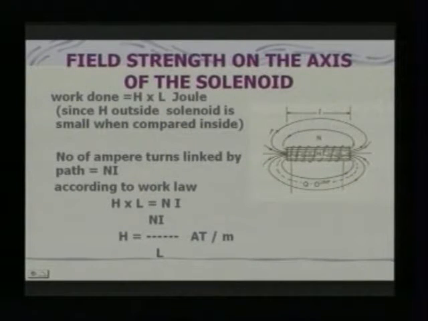Then the total work done by the unit north pole in the given path is equal to force multiplied with total distance travelled, and here the total distance enclosed by the path is only equal to L, because here there are two paths in the magnetic path.